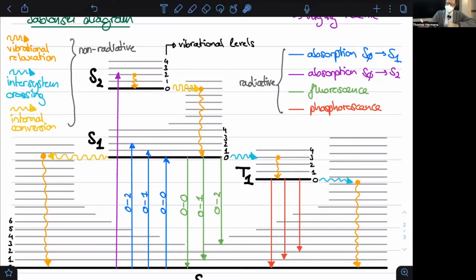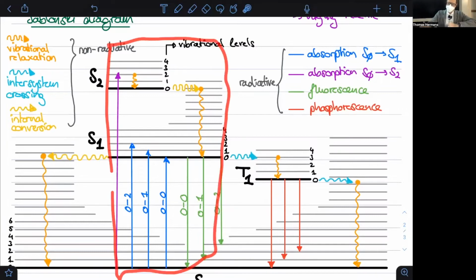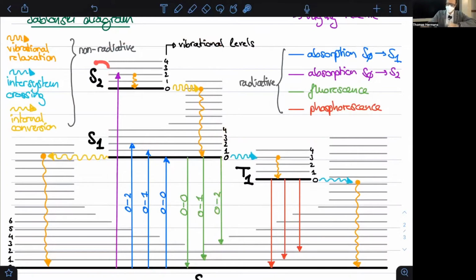So in a Jablonski diagram, horizontally, we will put all the states of one multiplicity. So I'm drawing here, these are different singlet states, right? So it's the ground state, it's the first excited state, the second excited state.